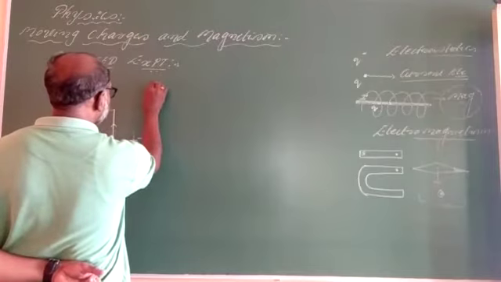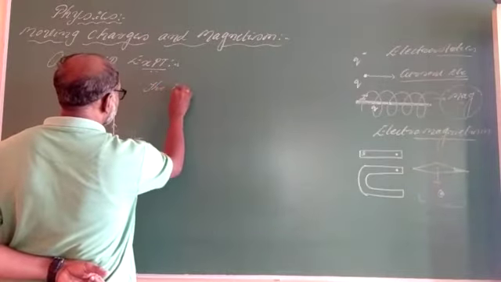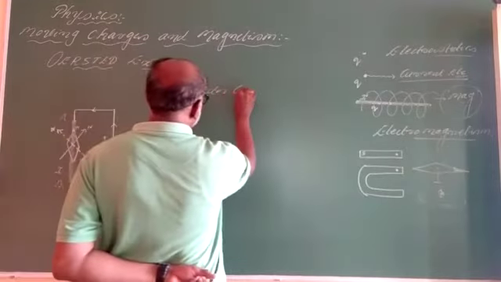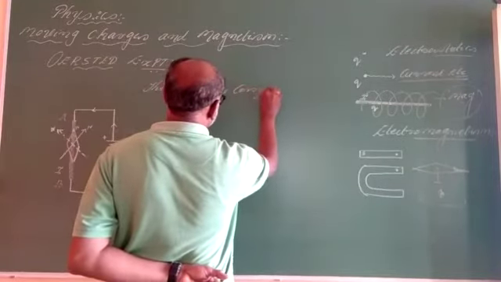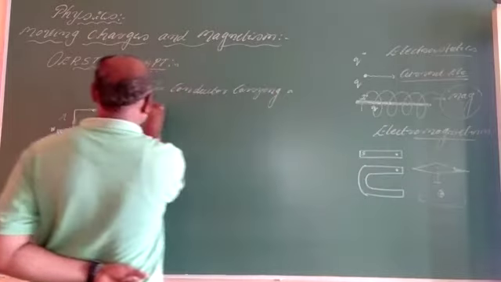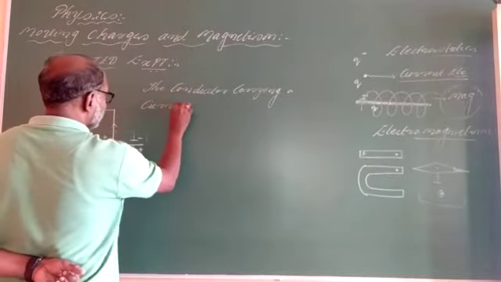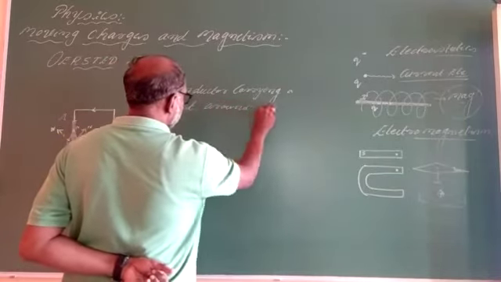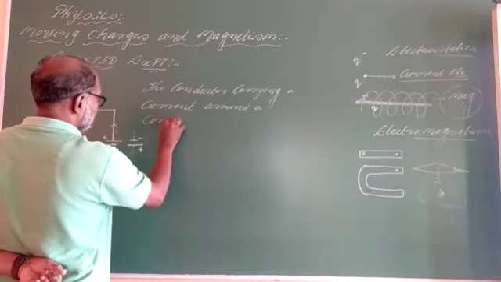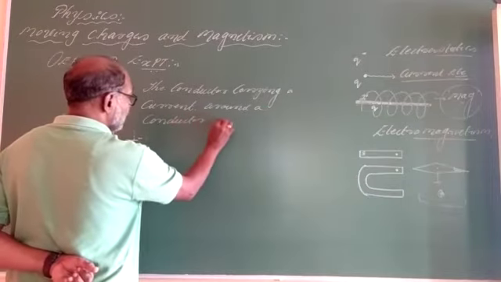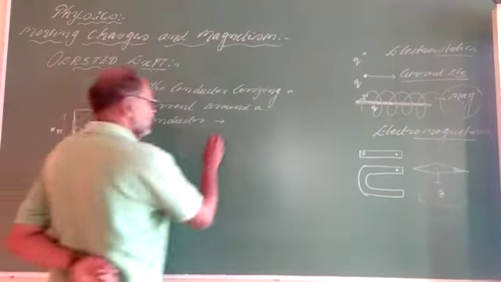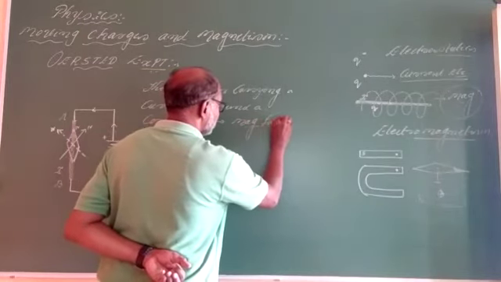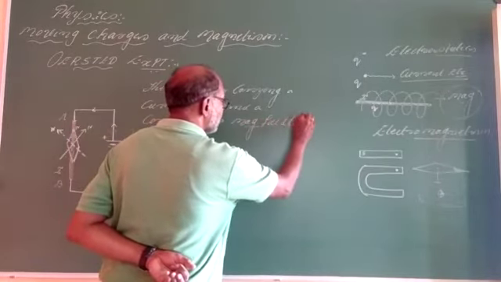The conductor carrying a current: around the conductor, the reason is the presence of a magnetic field.